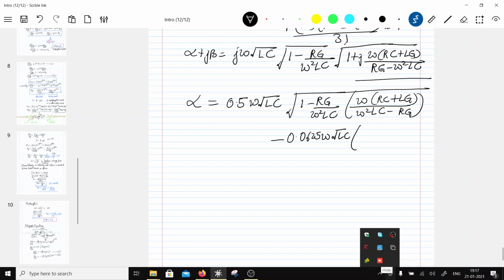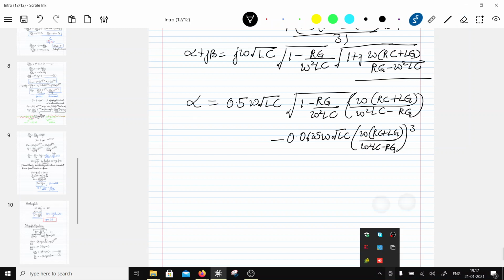This will be a cube term: omega rc plus lg divided by omega square LC minus rg, cube, because I have already done the expansion.